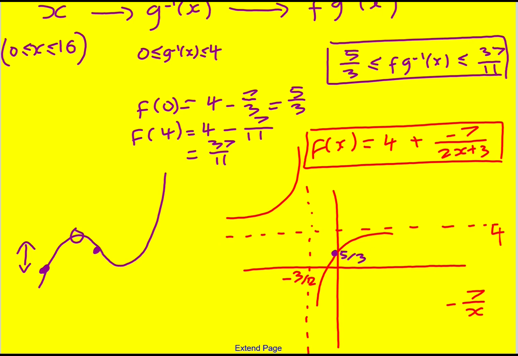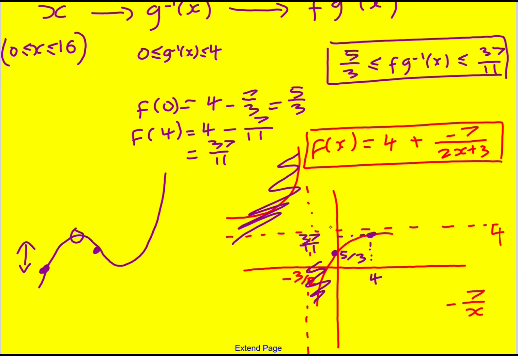I'm only interested in values between 0 and 4 for x, so this does not exist in my function, this doesn't either. And what I'm doing is finding this value here, at 4, and that's where the 37 over 11 comes in. In fact, if we had x approaching infinity, it wouldn't just continue to increase, it would tend towards 4. But we don't have to worry about that here.